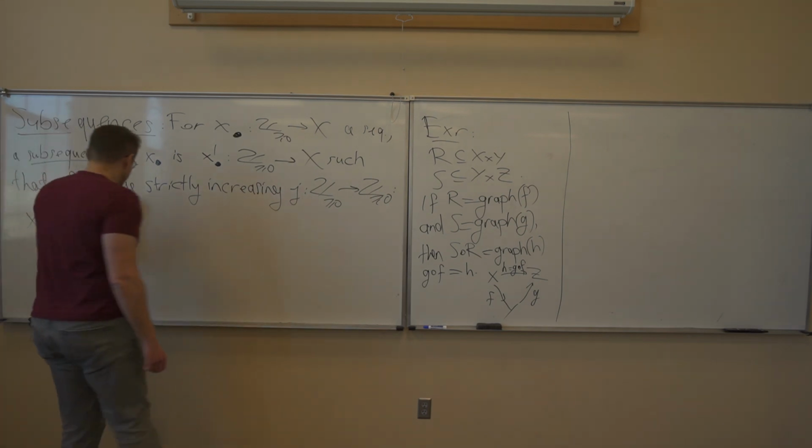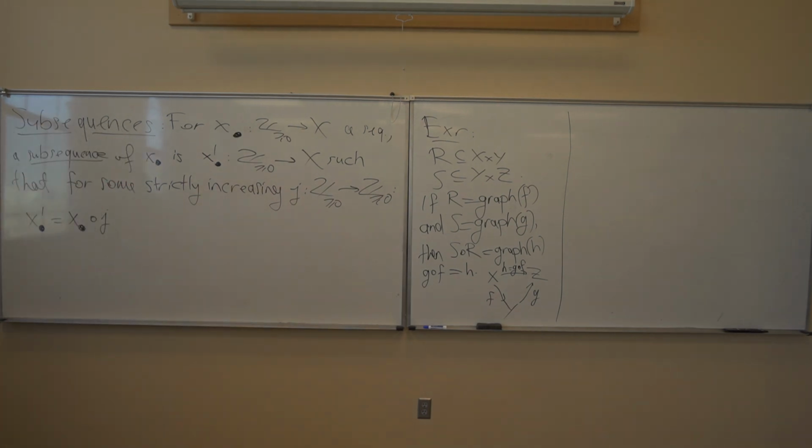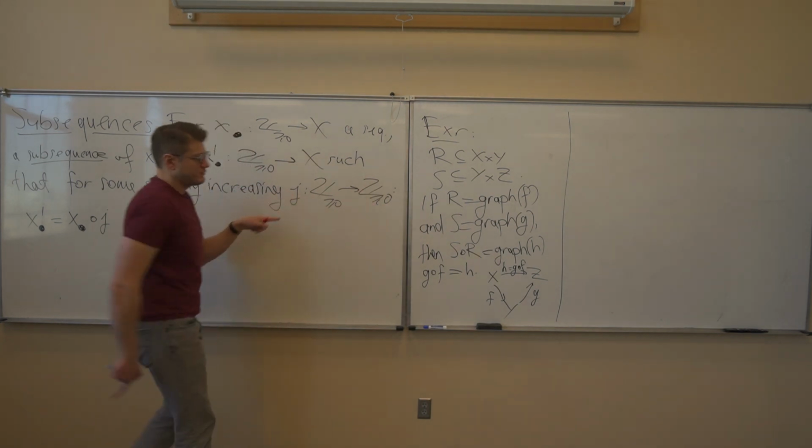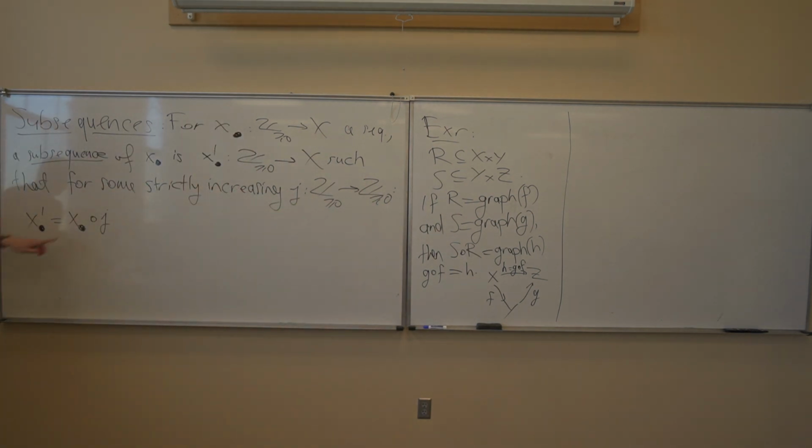In other words, to figure out where your subsequence is at time n, you first apply to n this function, j of n gives you some other time, and then you plug that time into the original sequence.